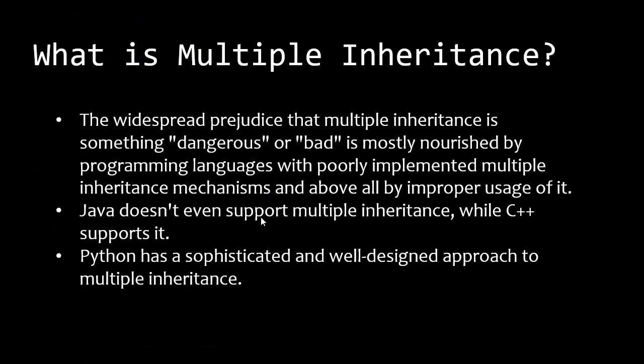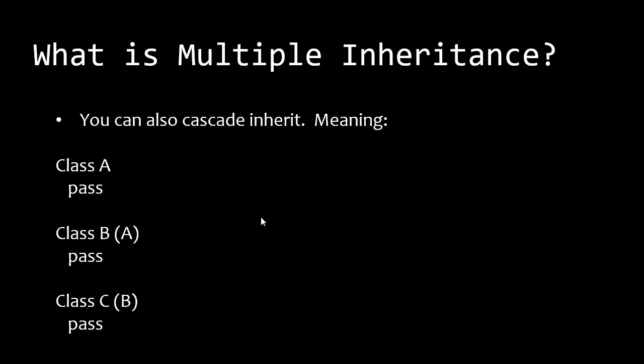All right? The last thing that we can actually do, and we kind of talked about this in the very beginning of the video, was you can also cascade inherit. I'm not sure Cascade Inheritance is my term or an official term, but basically what I mean by that is Class A can be inherited by Class B, and Class C can inherit Class B. Let me say this again.